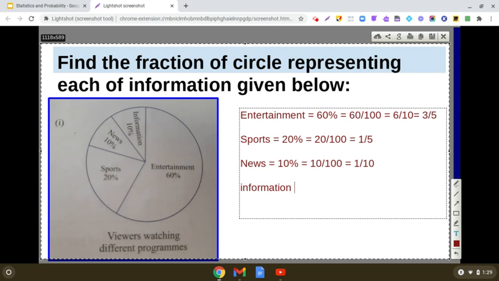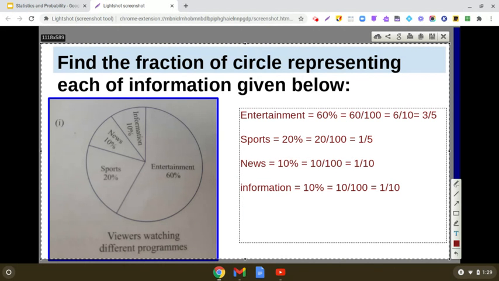So information is again giving 10%. So this is viewers watching different programs. So 10% is 10 divided by 100, which gives us 1 divided by 10.